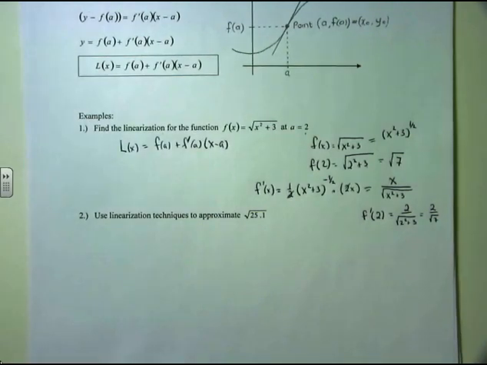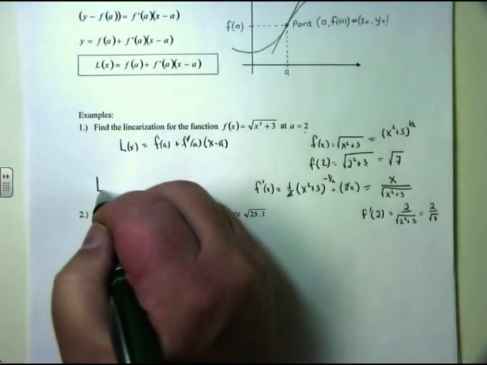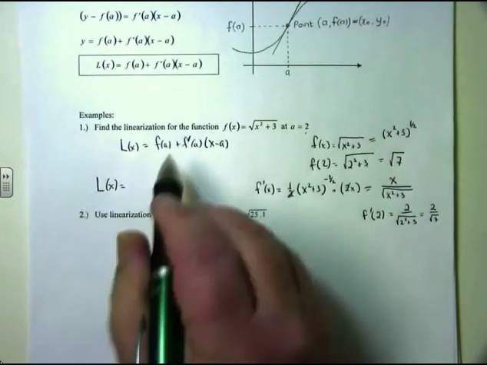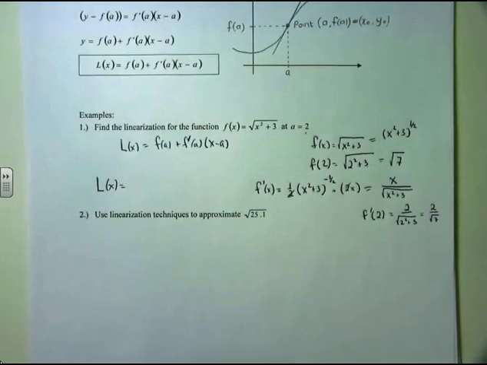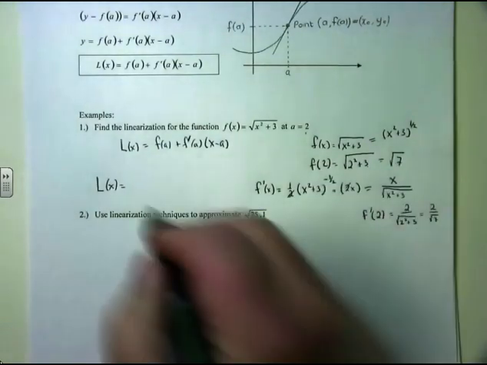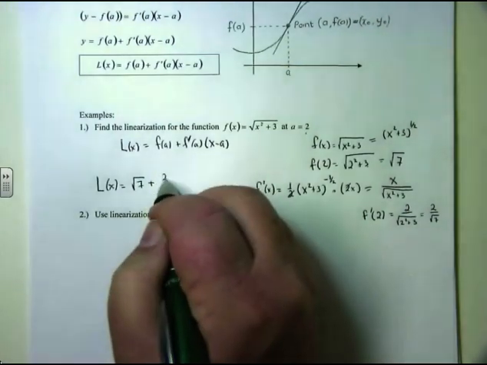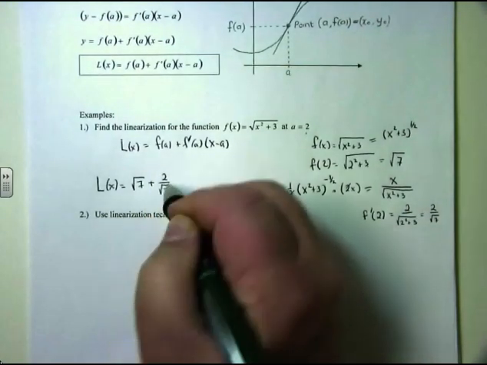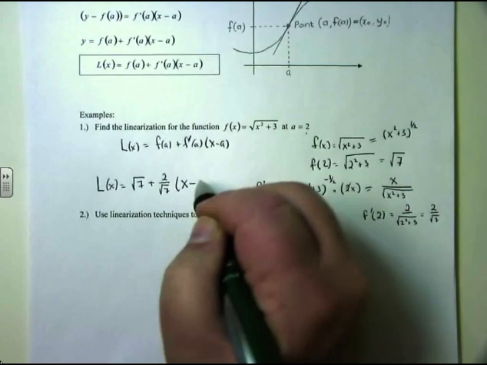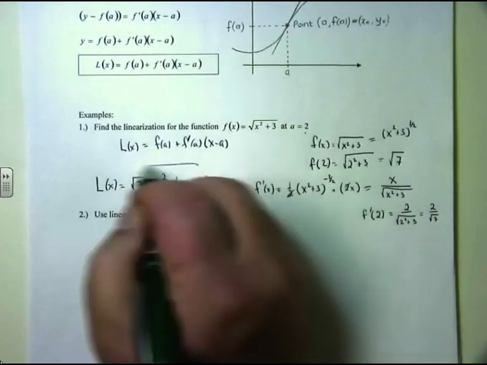So here we go. Now for our linearization equation, L of x is equal to f of a. F of a was the square root of 7, plus the derivative, 2 divided by the square root of 7, times x minus a, and a was 2. So there's my equation.